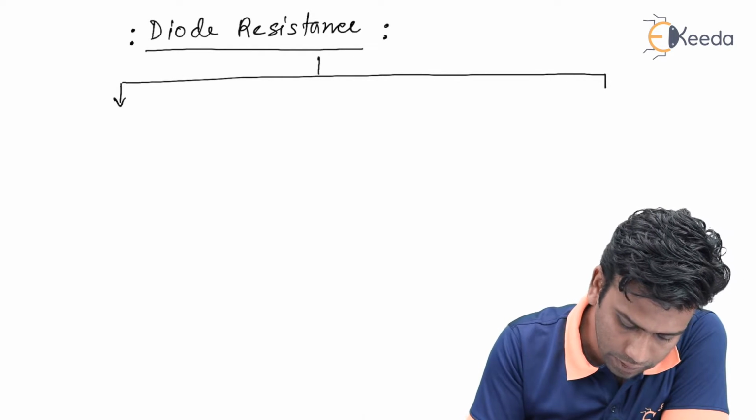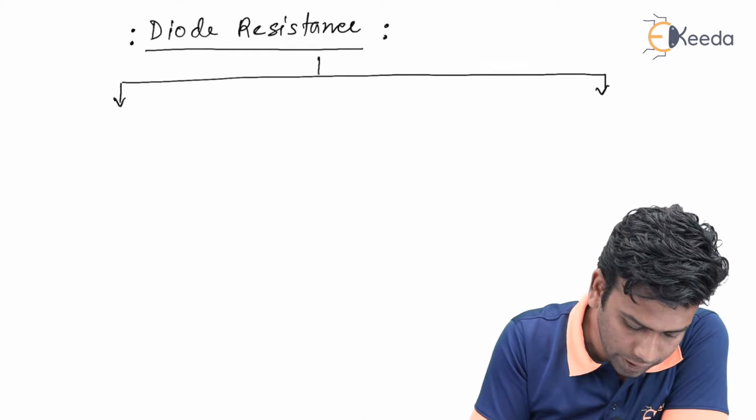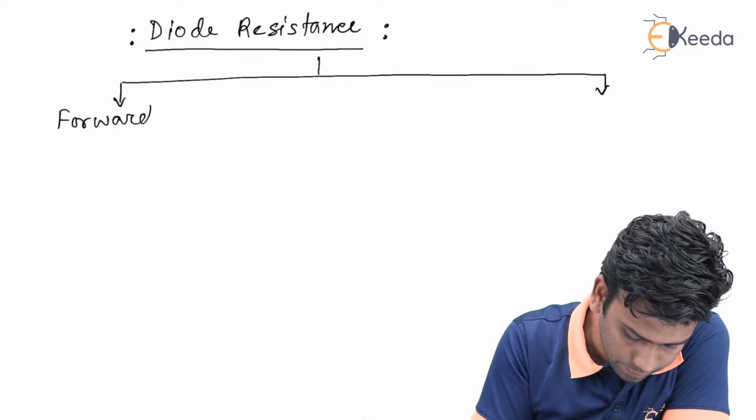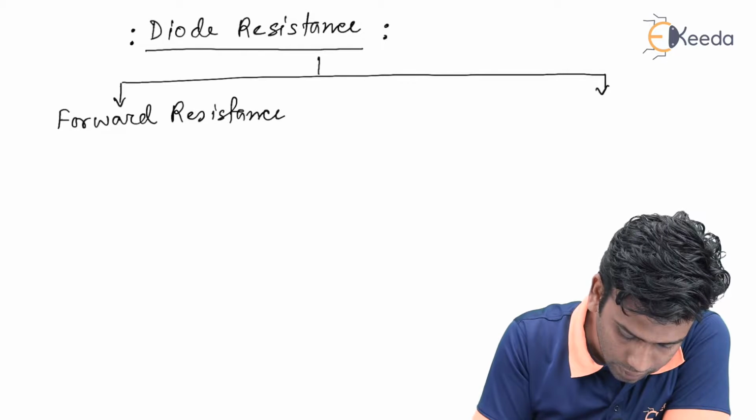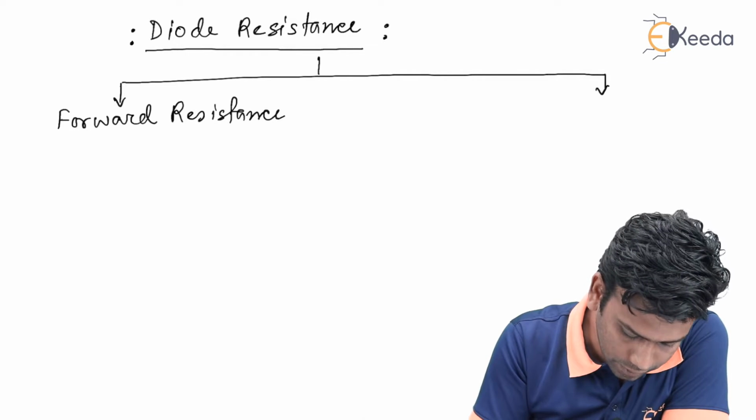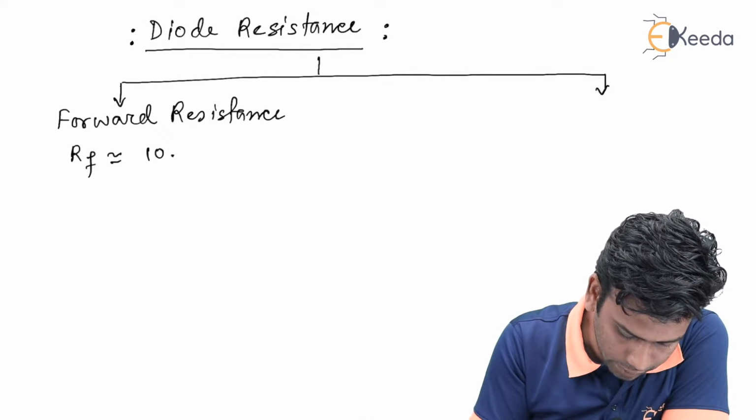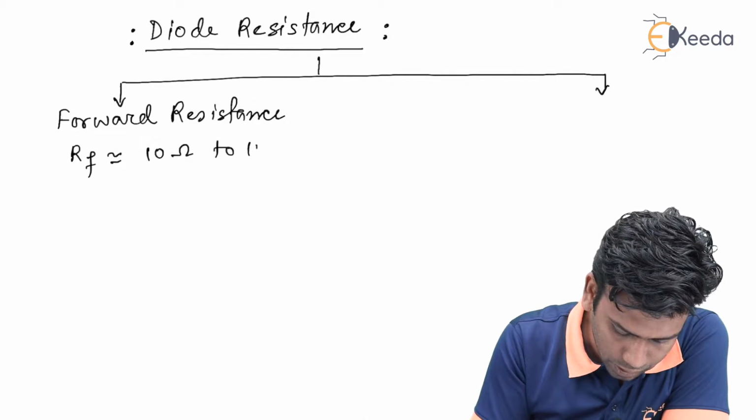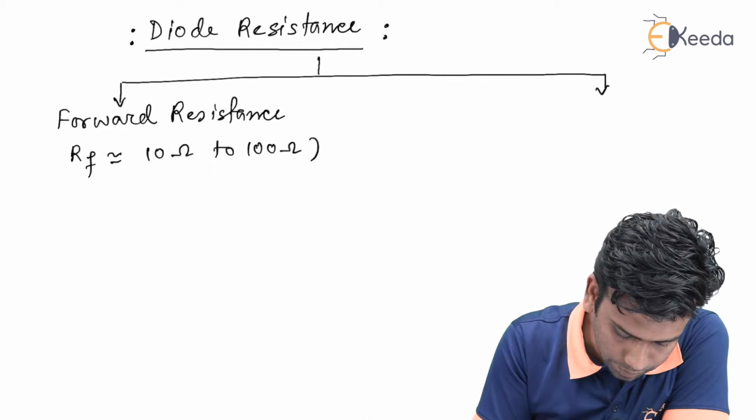The first one is the forward resistance. It is of the order of 10 ohm to 100 ohm.